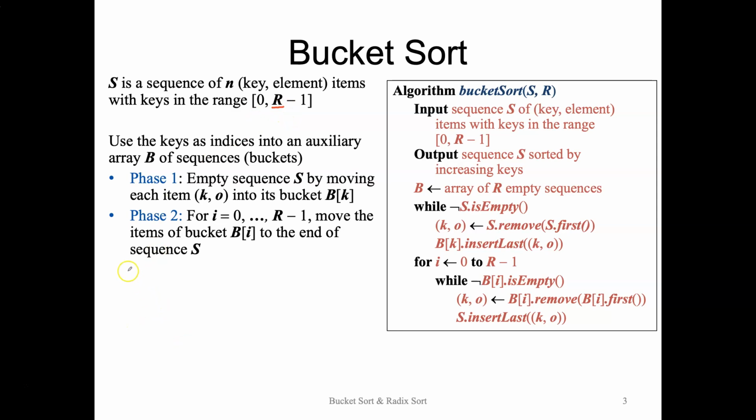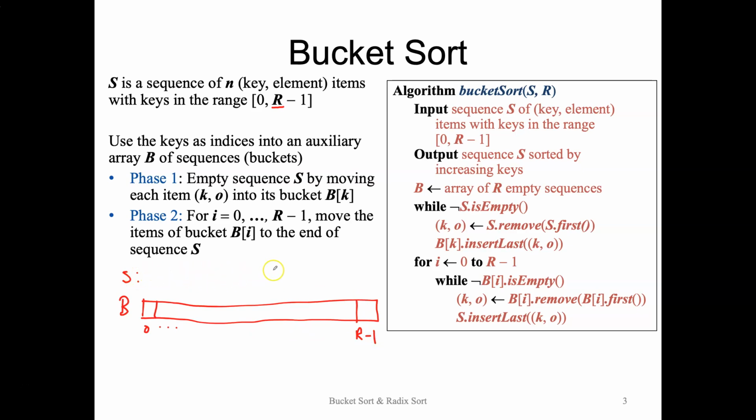So we have some sequence of unsorted elements, and then we create an array, let's call it B, whose size is based on the maximum integer value that we could possibly have. It goes from 0 all the way up until the last index, r minus 1.